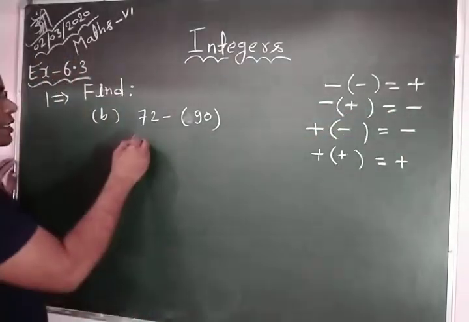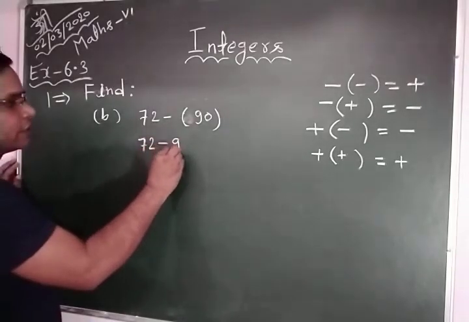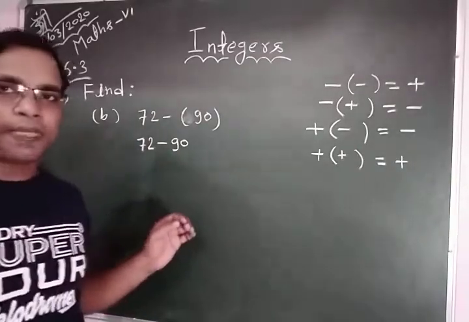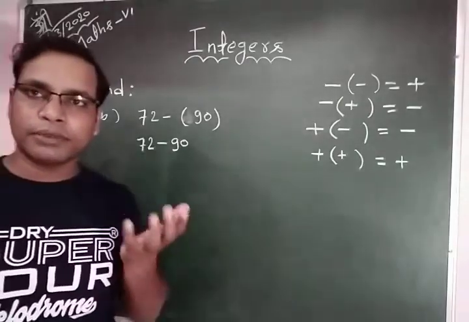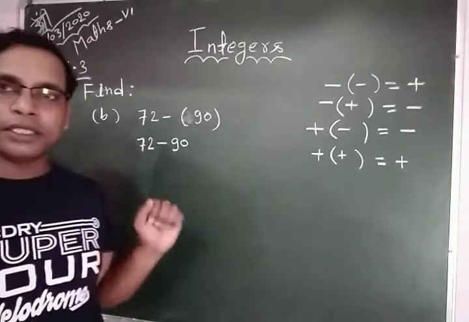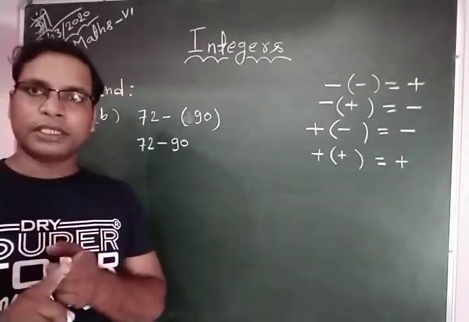So we can write it as 72 minus 90. What is the sign of 72? 72 is positive and 90 is negative, so they have different signs.